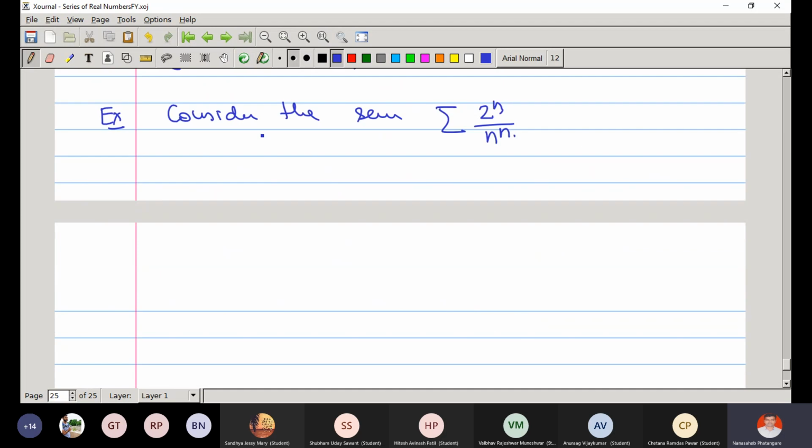Now does this series converge or diverge? We want to check this. So what is an here? 2 raised to n upon n to the power n. Now what is an raised to 1 by n? 2 to the power n upon n to the power n, raised to 1 by n. And what is it? 2 by n.